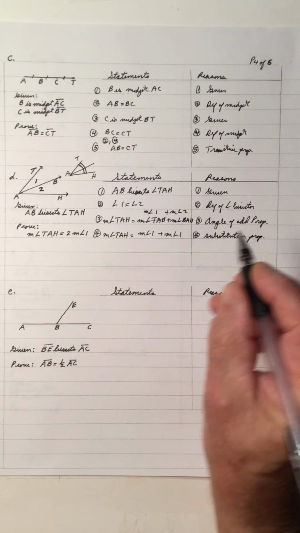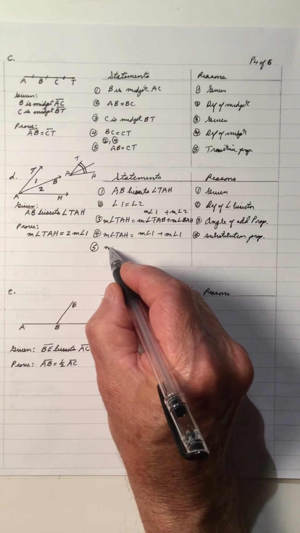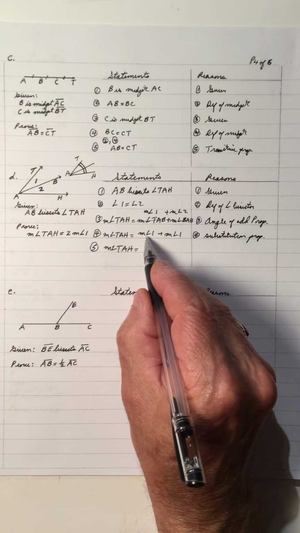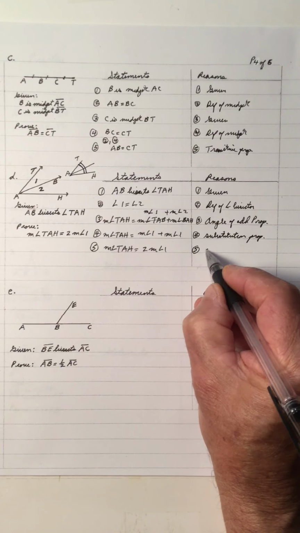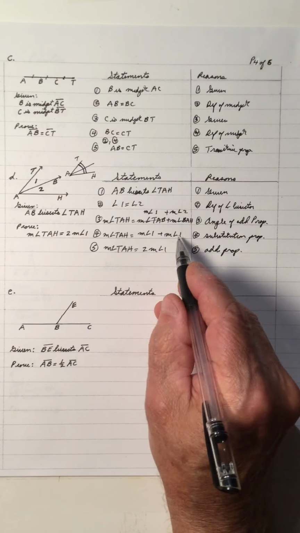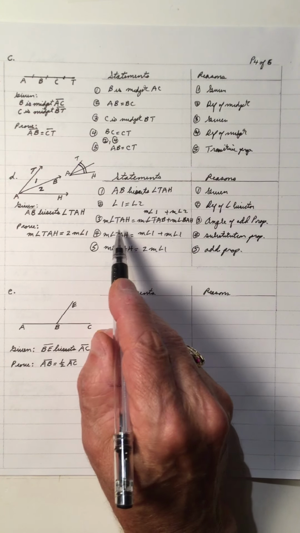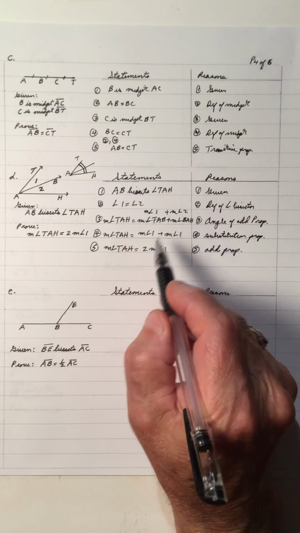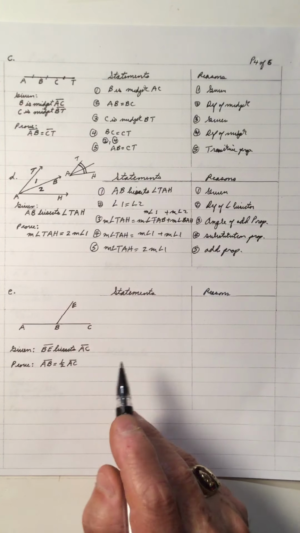And notice we have the measure of angle TAH, and we have angle 1 plus angle 1, so that's 2 times the measure of angle 1, and that's the addition property. Angle 1 plus angle 1 is 2 angle 1s. So we used the angle addition property, but you could have used TAB and BAH. I used 1 and 2 because this has a 1.